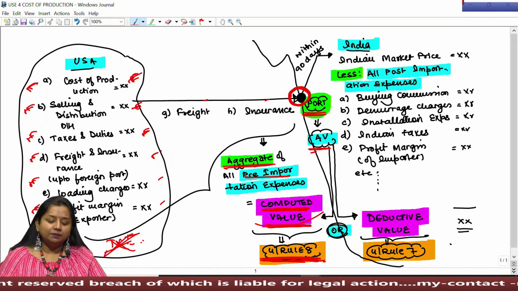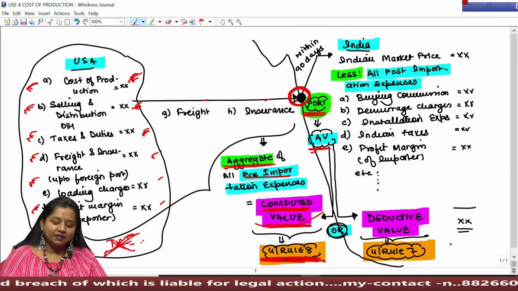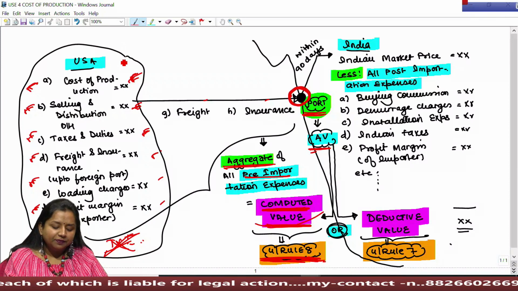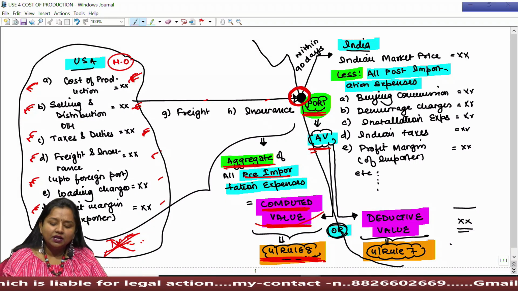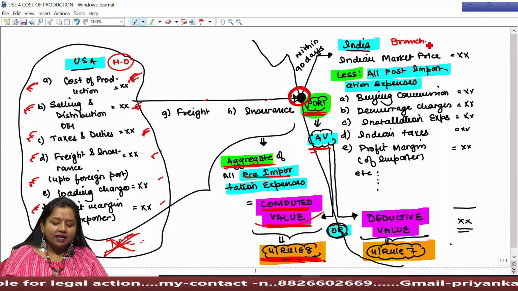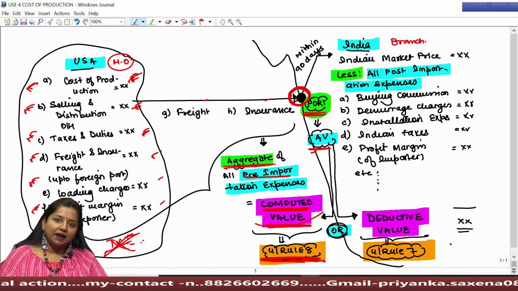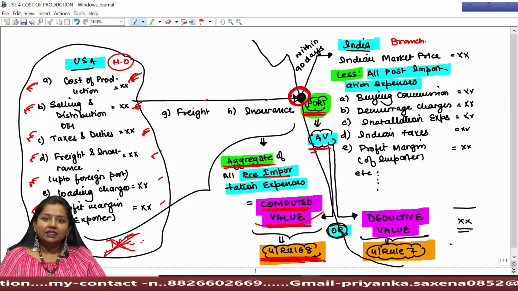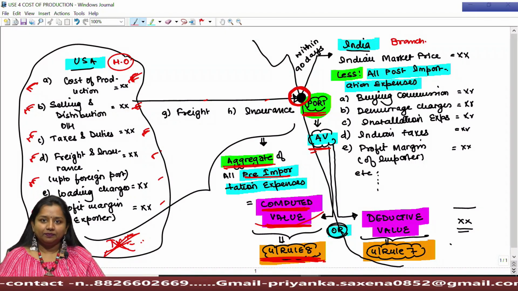And it could be possible that the exporter is ready to tell you the details of all his expenses only if he is a related party. That is, it may be possible that the exporter is a head office and the importer is a branch. Then in such a related party transaction, the exporter, the head office, might get ready to tell the branch all the breakup cost of expenses incurred by him.